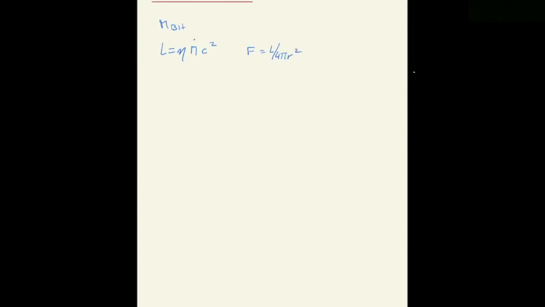Now, in addition to an energy E, each photon has a momentum p equal to E over c. You remember that the pressure is the flux over the speed of light. Don't confuse here the little p, which is the momentum, with the capital P, which is the pressure. This is equal to the luminosity over 4 pi c r squared.